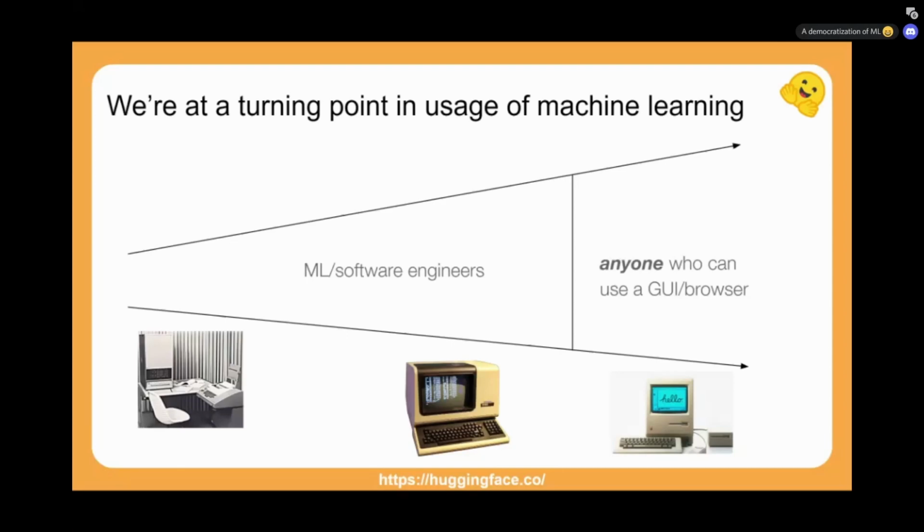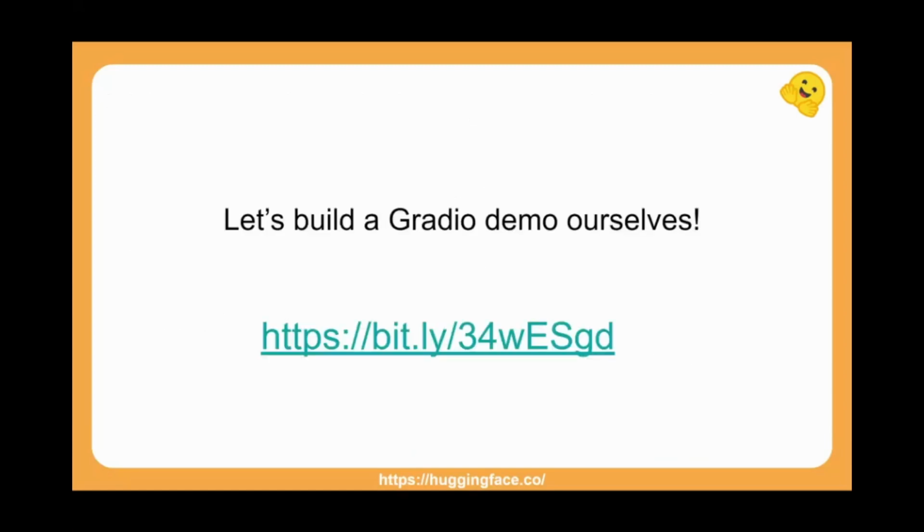People keep in mind that so many people can use their machine learning models, so people build better, more robust models. And with that, the last part of this talk is us going through and building a Gradio demo ourselves. That's a little bit different because I'll share a Colab notebook with you guys. Does anyone have any questions about demos, anything I've talked about so far?